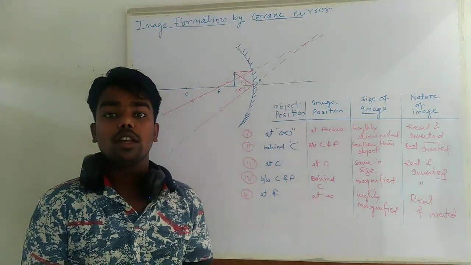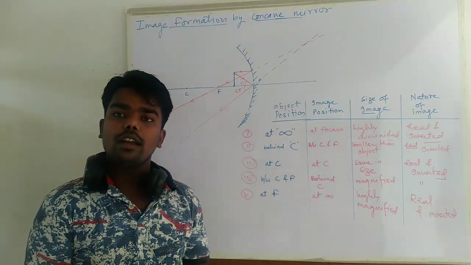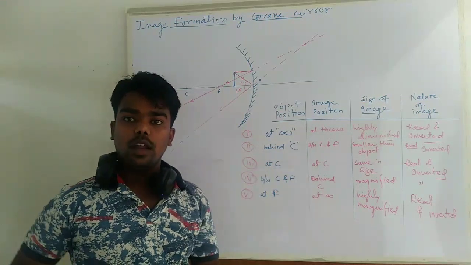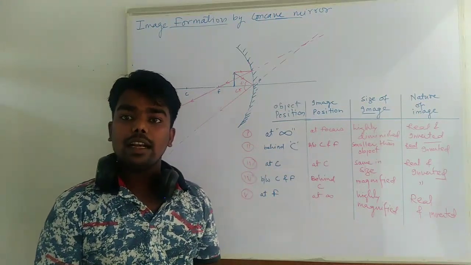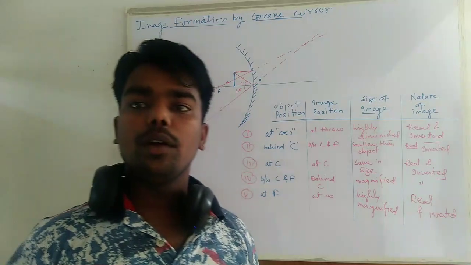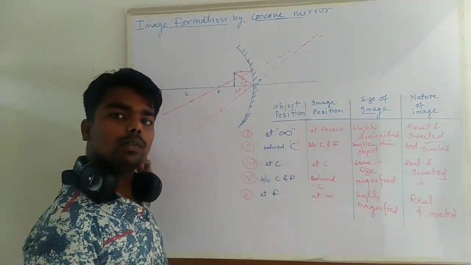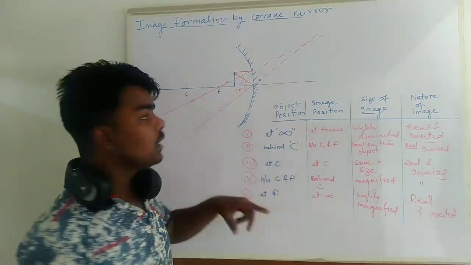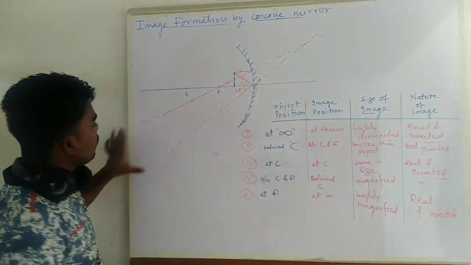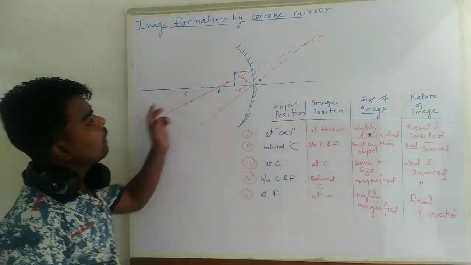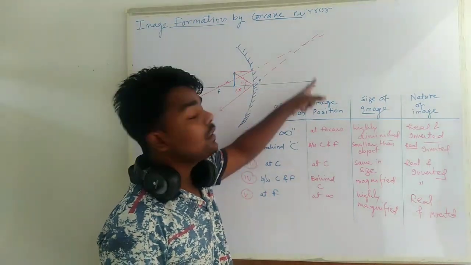Virtually intersecting means they are not intersecting in real but appear to be intersecting, means at that place the image is going to form. So till now the image was forming in front of the mirror. In this particular case the light rays are not able to intersect in front of the mirror, they appear to be intersecting behind the mirror.